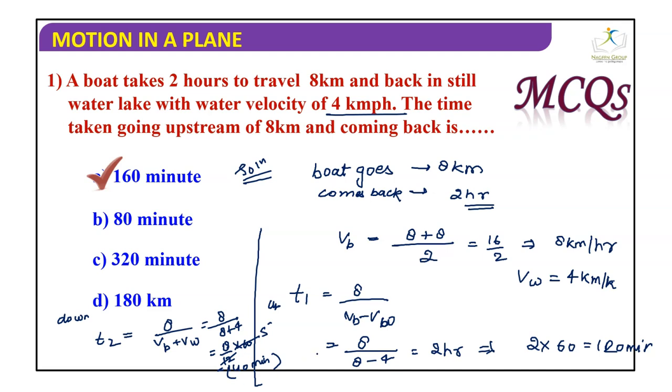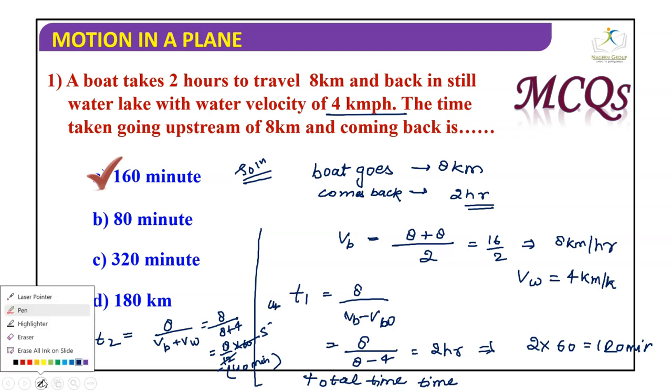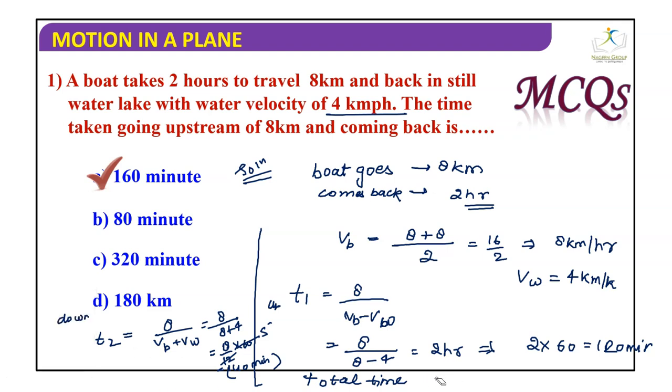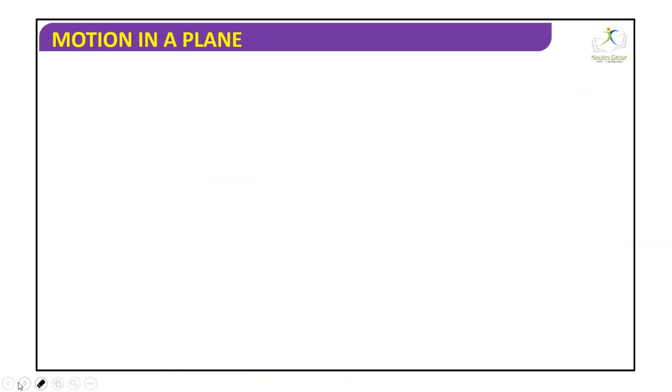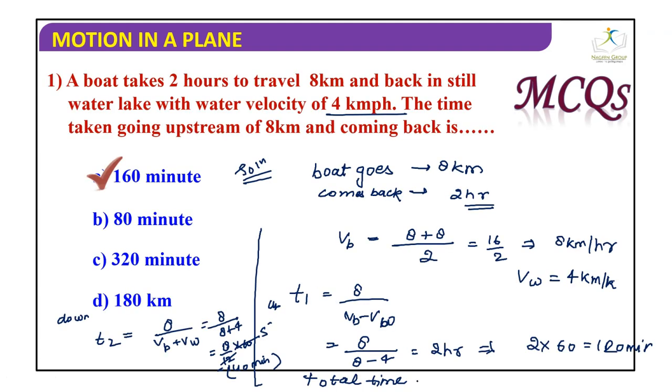Now for the total time which the boat is actually taking, the total time taken by the boat, T is equal to T1 plus T2.